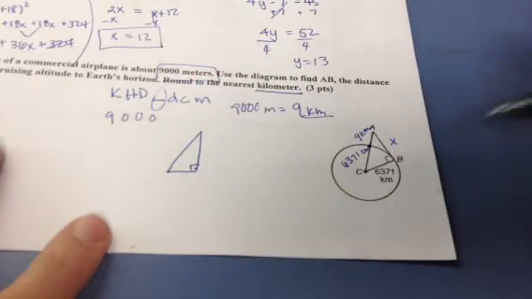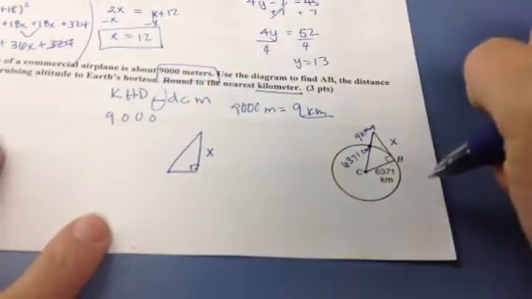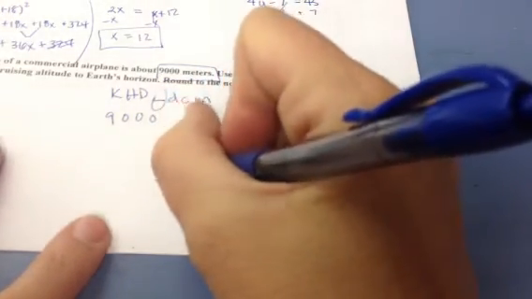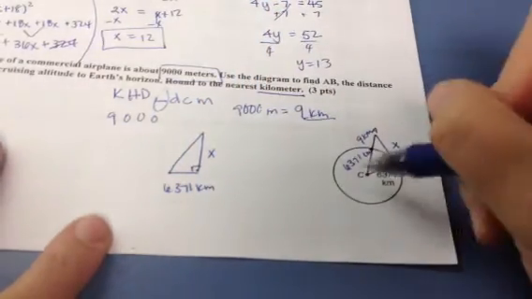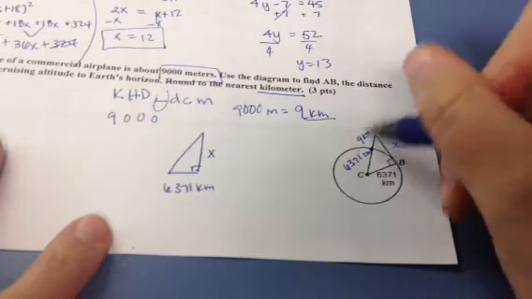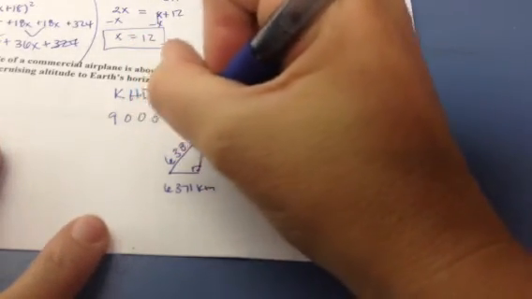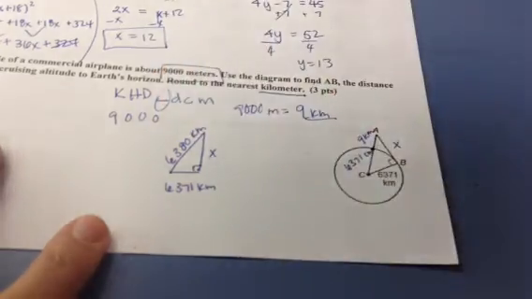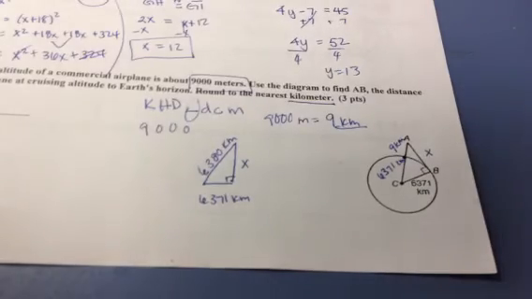We're trying to find this long leg X. We know this short leg is 6,371 kilometers, and the hypotenuse is going to be 6,371 plus 9, so 6,380 kilometers.